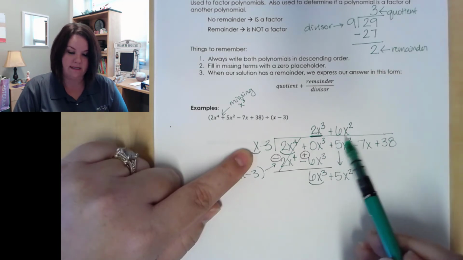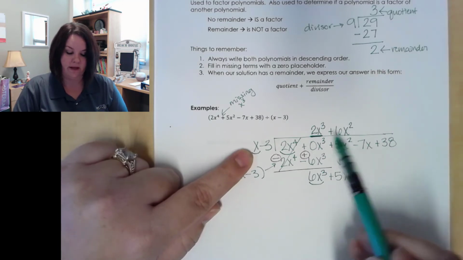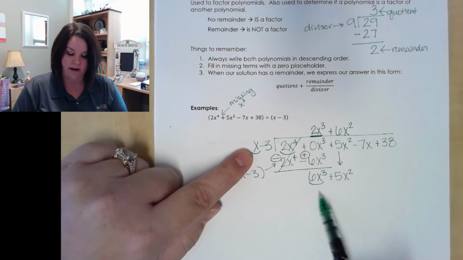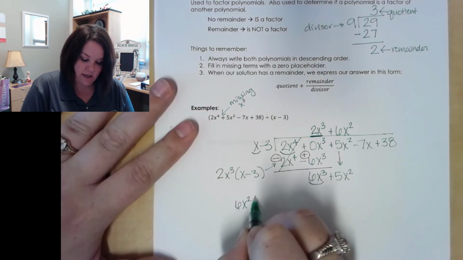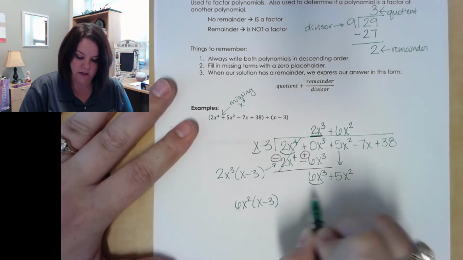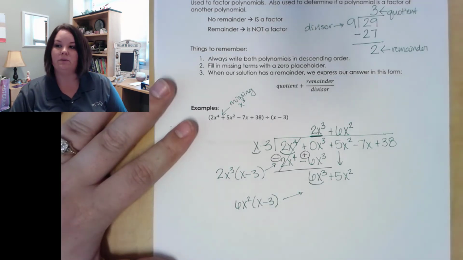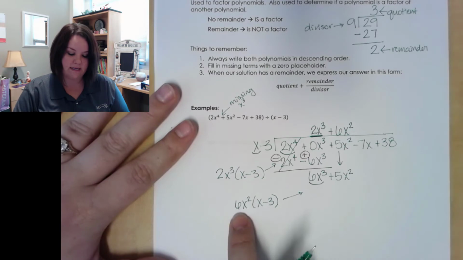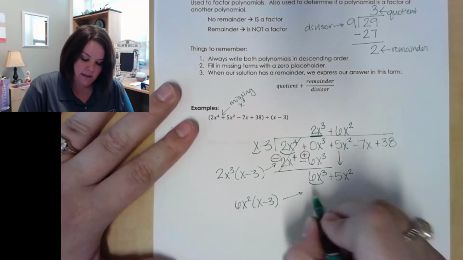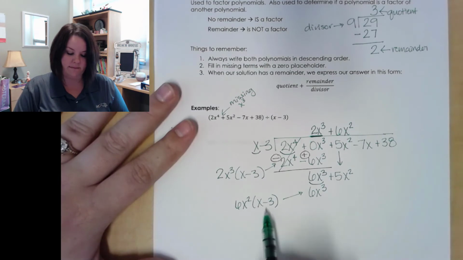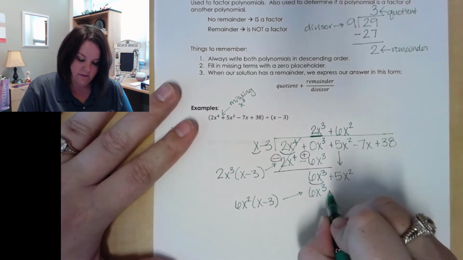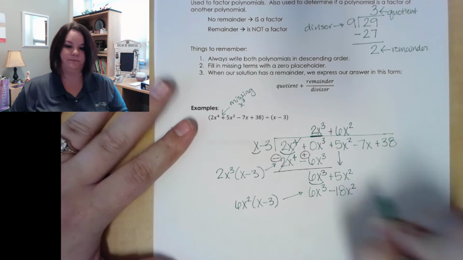So we're going to take that 6x squared, multiply it by our divisor, and write it below. I'm going to go ahead and write it off to the side, 6x squared times our divisor, x minus 3, and then we're going to write that below here, okay? So 6x squared times x is 6x cubed. 6x squared times negative 3 is negative 18x squared.